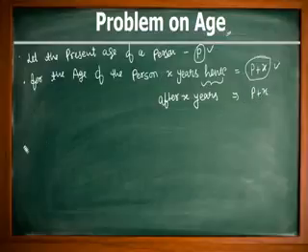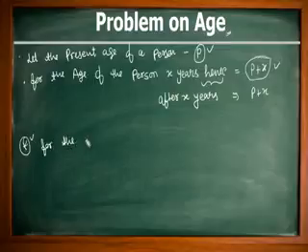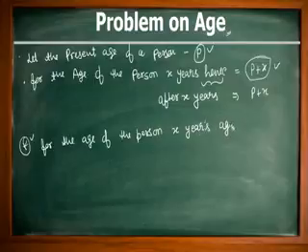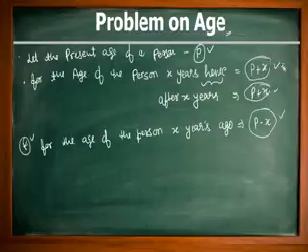And guys, one more point: the age of the person X years ago will be P minus X. So basically write down the three concepts here.